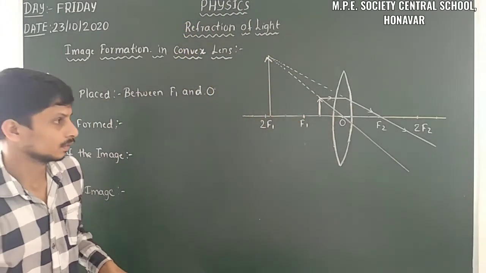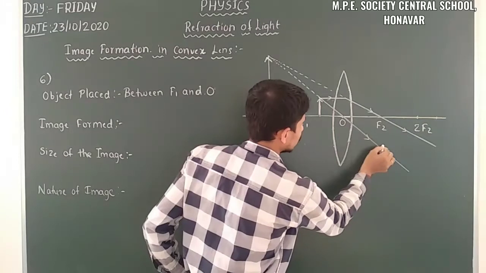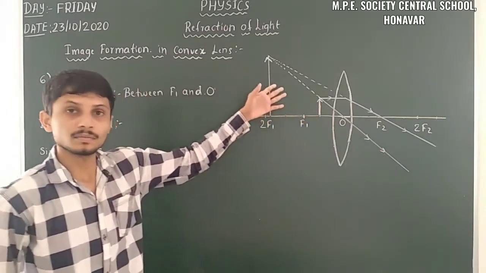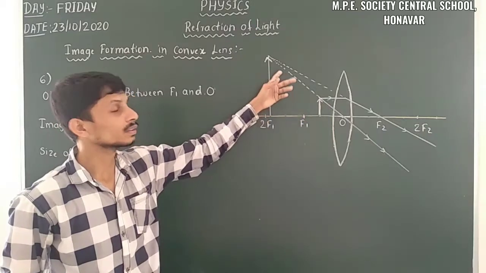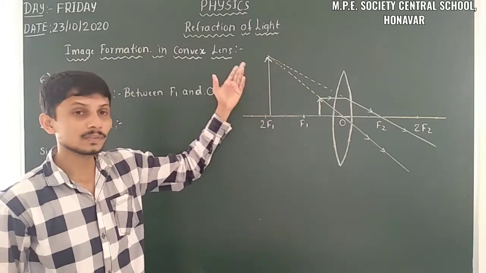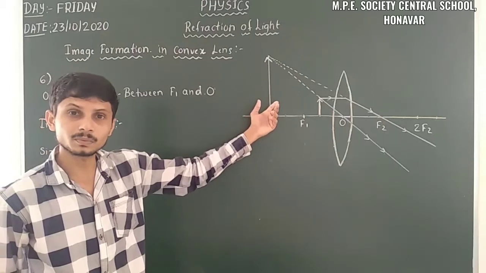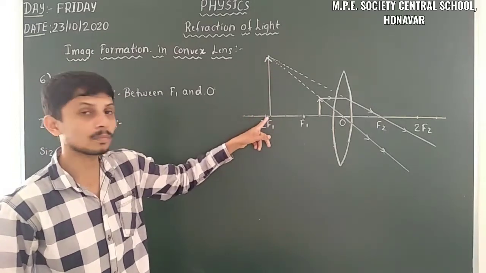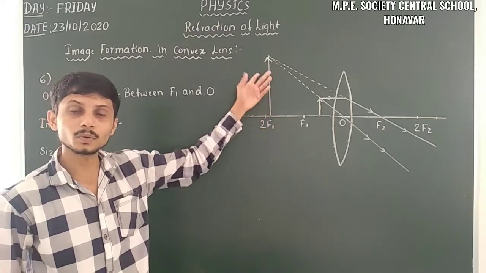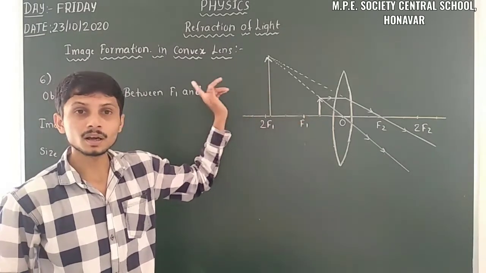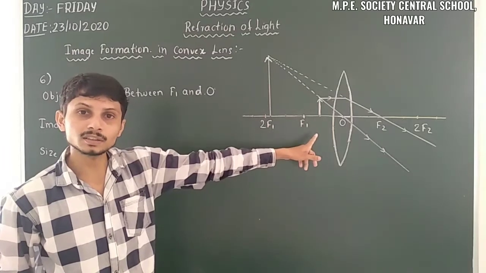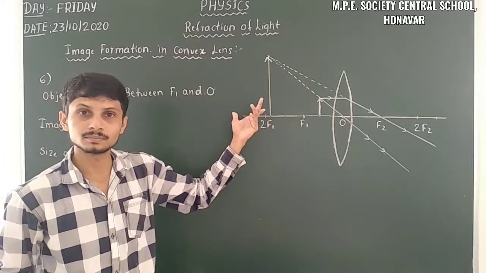We extended backward, so we have the dotted lines. That's why we take it as a virtual image. Just observe it is above the principal axis, so we take it as an erect image. Compared to the size of the object, it is enlarged.